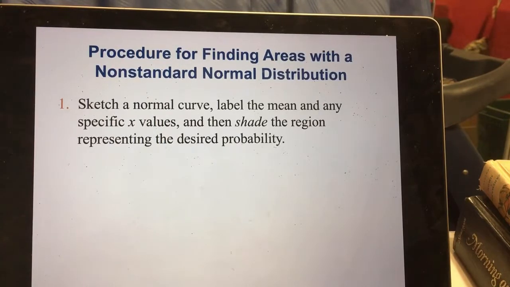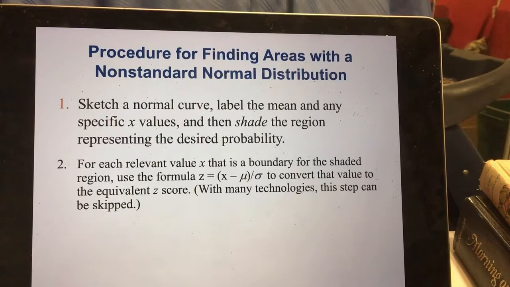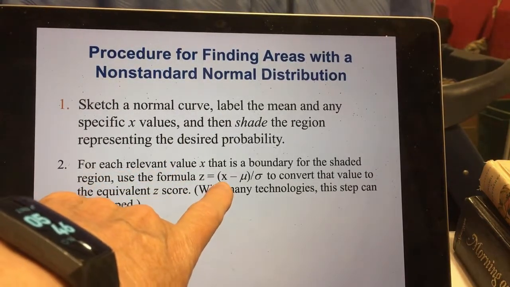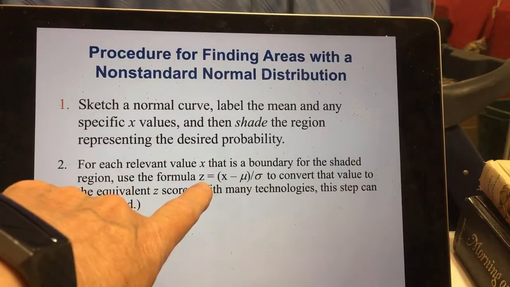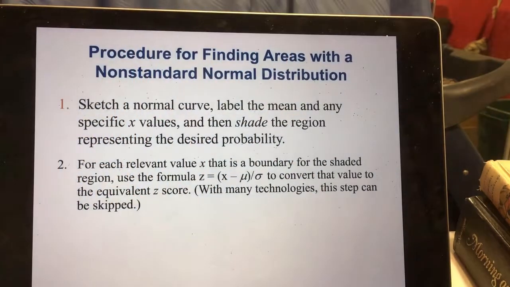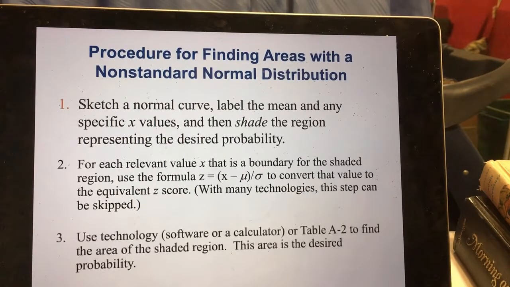We're going to sketch the normal curve, label the mean and any specific x values, and then shade the region representing the desired probability. Because we do not have a standard normal table, we're going to use this formula to turn these values into standard values.